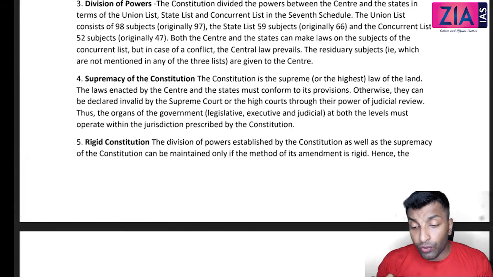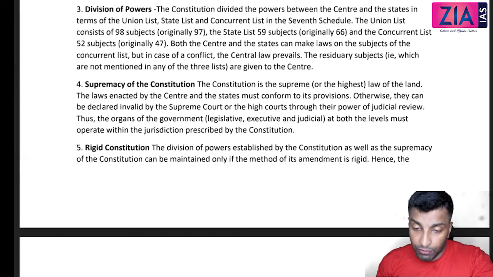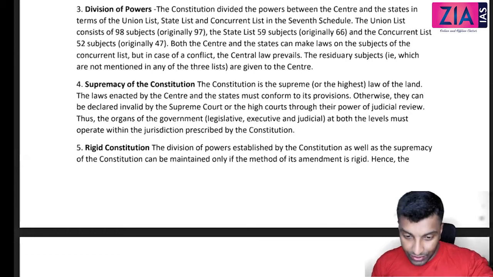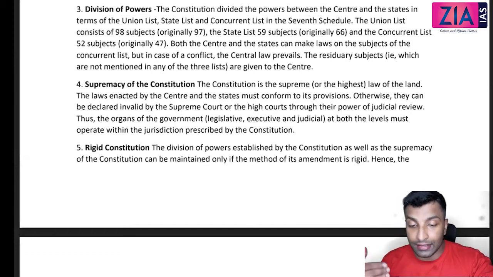So what does that show? Is this federal or unitary? Guys, if you see this division of power, where do you see the maximum? In the union list. What does that indicate? Is it federal or unitary? More in the union list means there is a unitary bias.